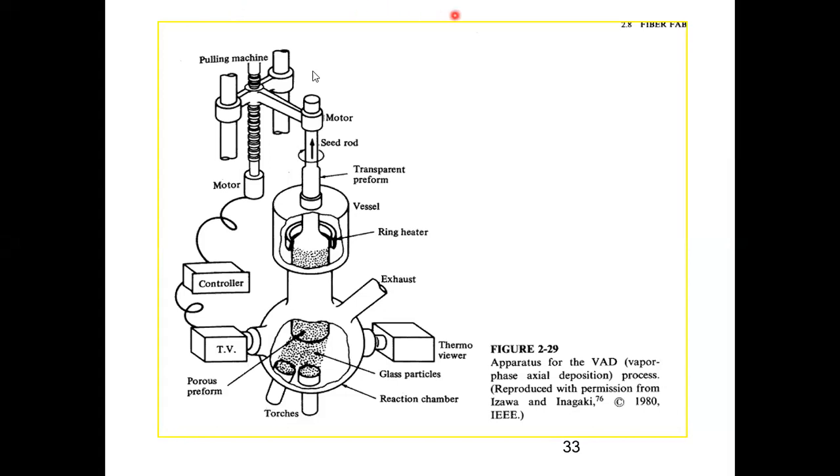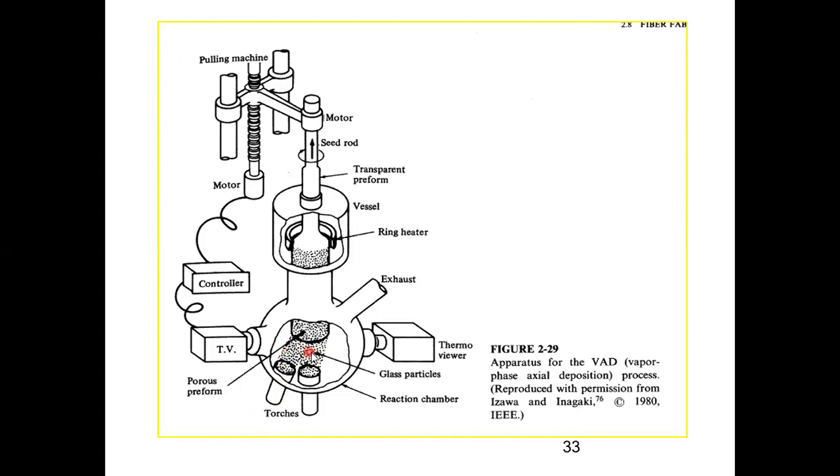So here, if I see this particular diagram, the torches are there. So yeah, SiCl4 जो gases है, I am introducing from here SiCl4 plus O2. So it reacts to form SiO2.